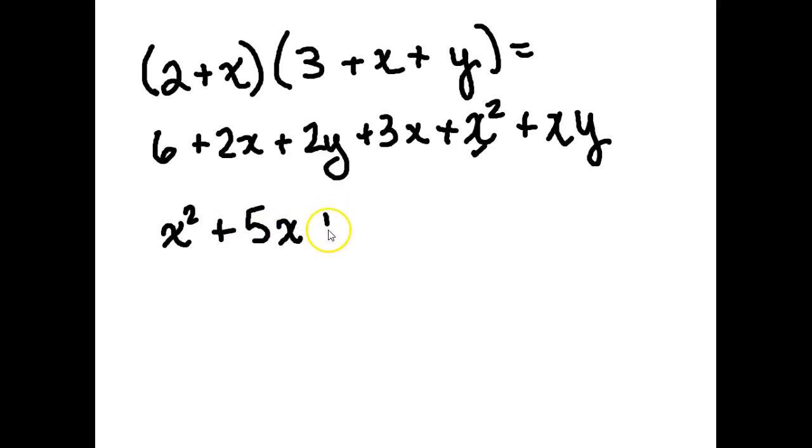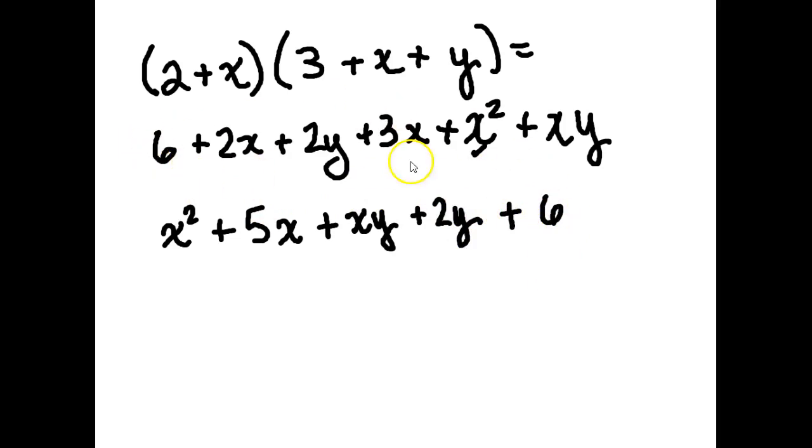And then I'm going to have my xy, which is the same as a 1xy, right? And then I'm going to have my 2y plus 6. So this is by convention, right?